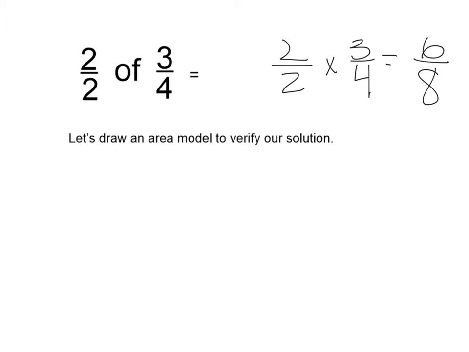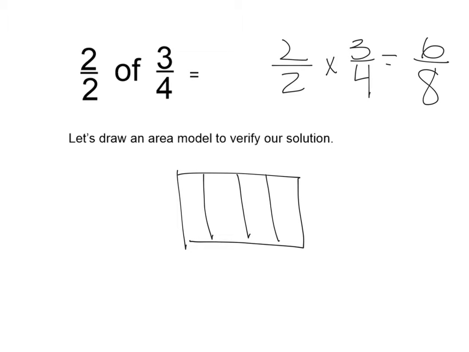Let's draw an area model to verify our solution. We're going to draw 3/4. Right here is 3/4. I'm going to shade that area. I'm going to use a different color to show 2 halves, so I'm going to split it in half.